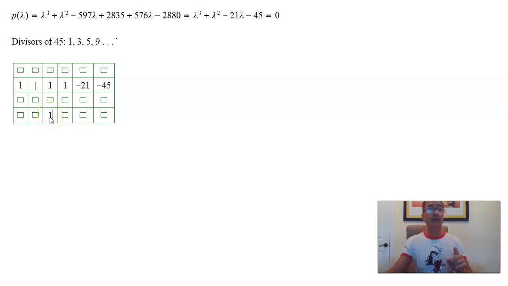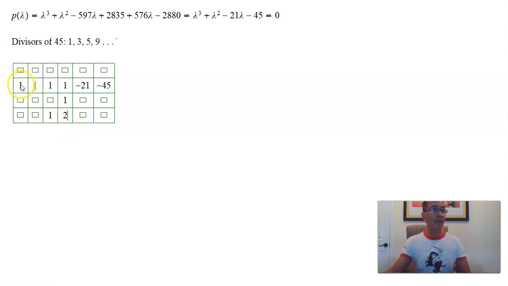And of course, because P of lambda always starts with lambda cubed, that first number is always going to be 1. And then what do you do? You do 1 times 1, which is 1. You put that over here, my apologies, over here. And then what do you do? We add them together. So we're going to get 2.